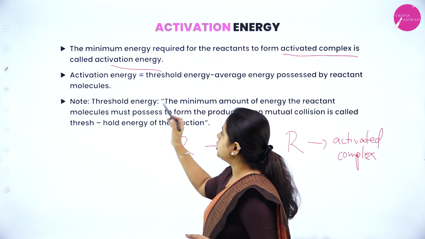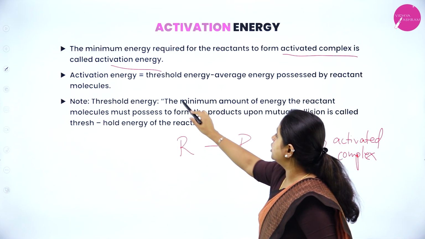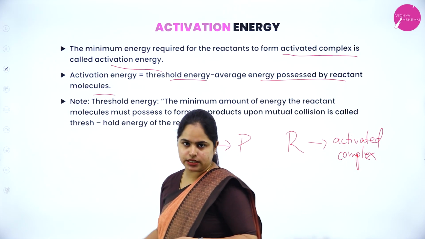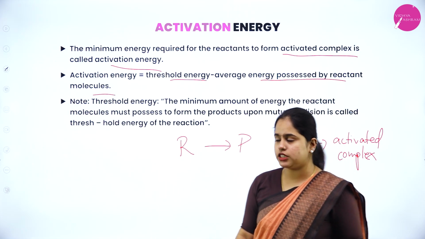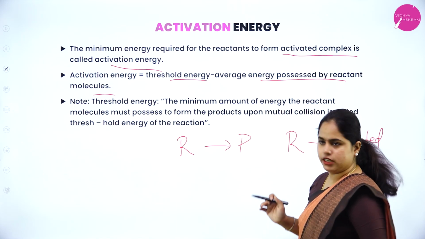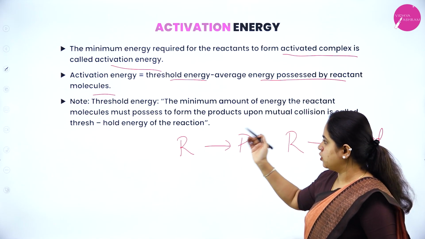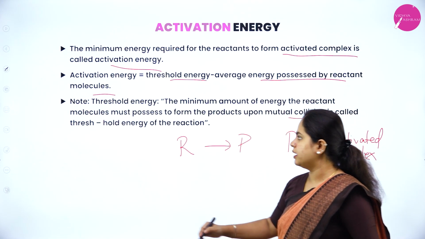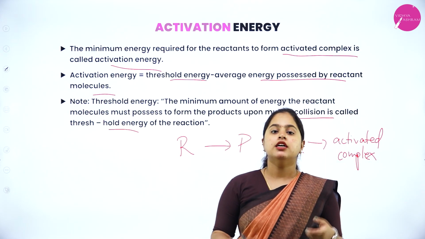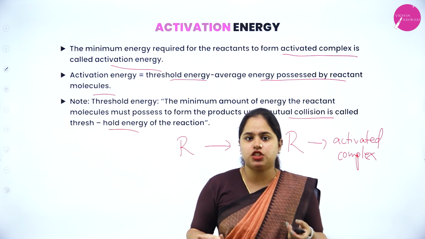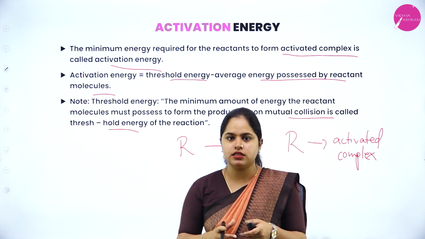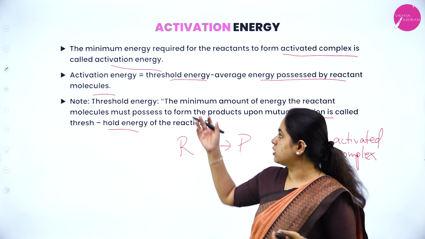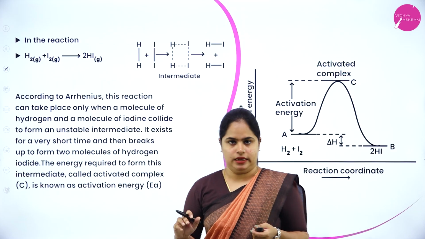Now, activation energy is equal to threshold energy minus the average energy possessed by the reactant molecules. What is threshold energy then? It is the minimum amount of energy the reactants must possess to form the products upon mutual collision. So threshold energy is the minimum energy required by the reactants so that they undergo effective collisions. I hope what activation energy is is also clear.